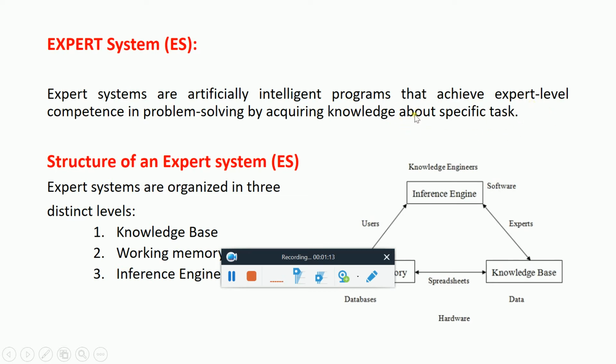And for this specific task, any intelligent program has to acquire the knowledge, or any intelligent program has that capability to acquire that knowledge for that specific task so that it can compete in the problem solving process.